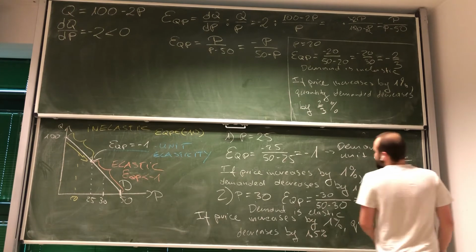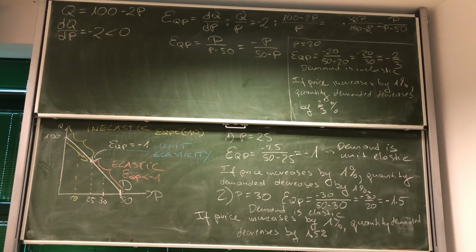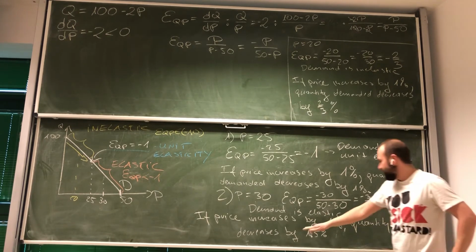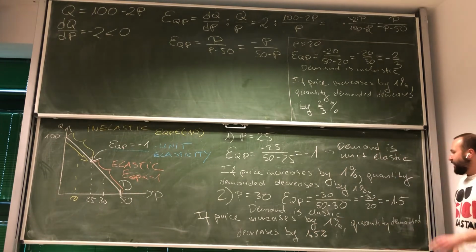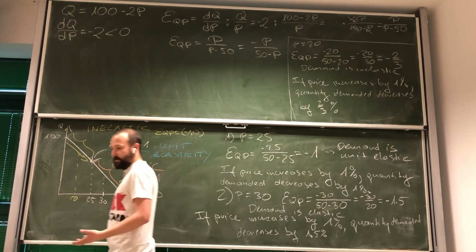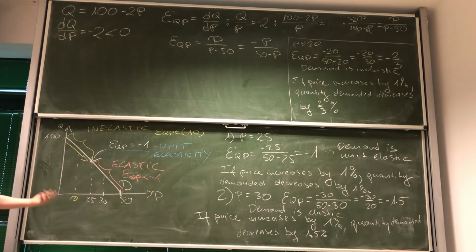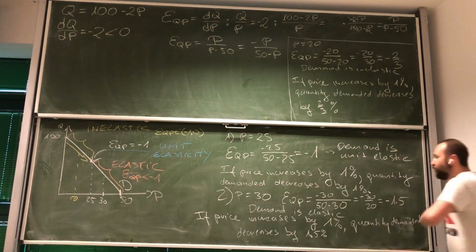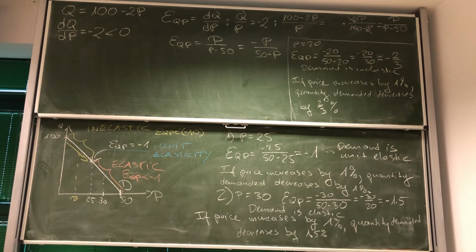Okay, but what if we are in a case of elastic demand? If price increases by 1%, quantity demanded decreases by 1.5%. So look, it means that if you increase the price in this case, you will lose a lot of customers.